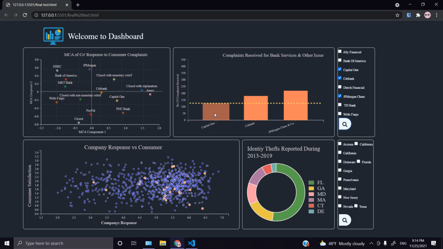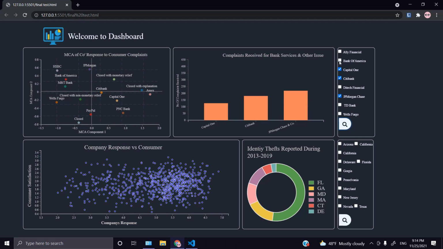When we go to Capital One, it shows few data, because I'm using only the 2000 points that I used in my first lab. I cannot really predict anything, but by looking at the few data points, it seems like Capital One is faster in responding to their complaints.